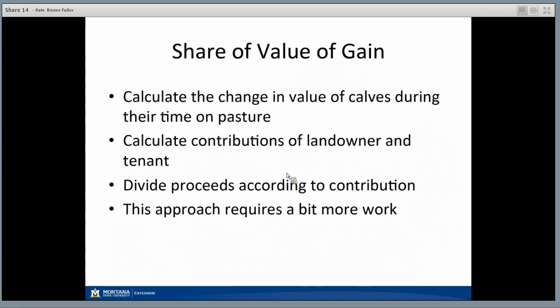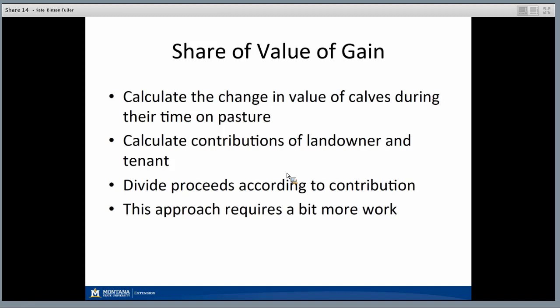Now, getting just a little more complicated, we can set up a lease that is based on the share of the value of gain. So in this example, we're going to calculate the change in value of calves while they're on that pasture. So I'm going to kind of wave my hands here and say that we calculate the contributions of the landowner and the tenant.